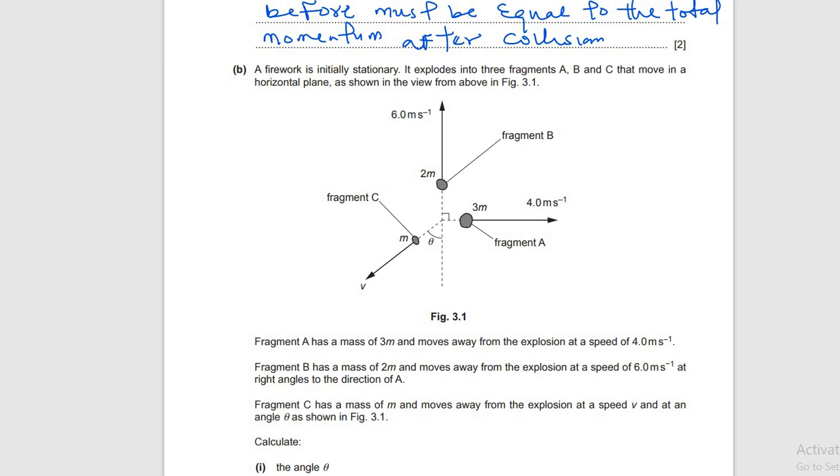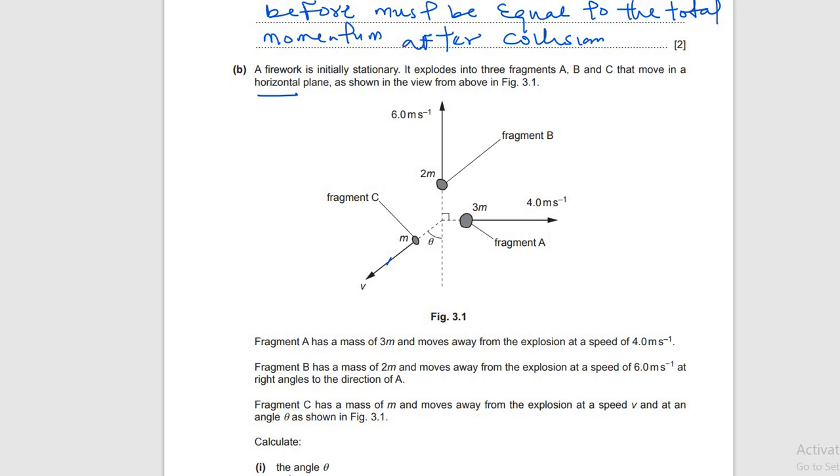The fragments, as shown, A, B, C, move in a horizontal plane, as shown in view from above in figure 3.1. Fragment A has a mass of 3m and moves away from the explosion with a speed of 4 meters per second.